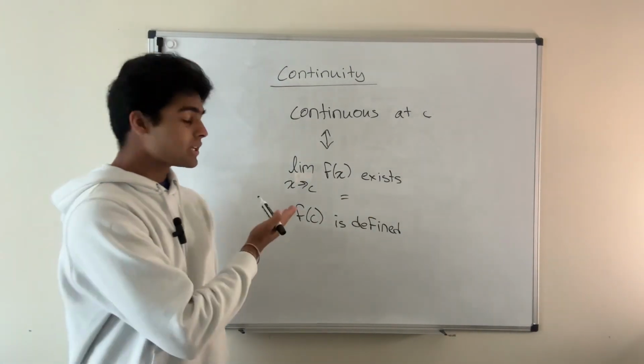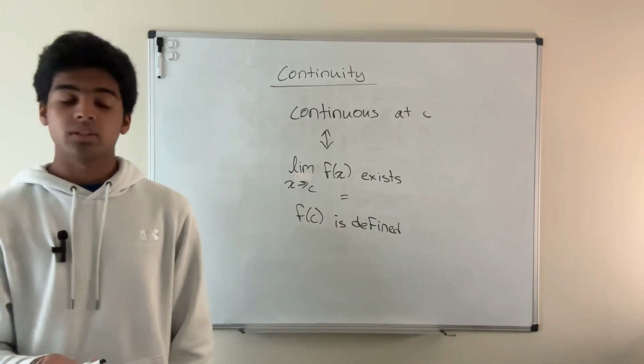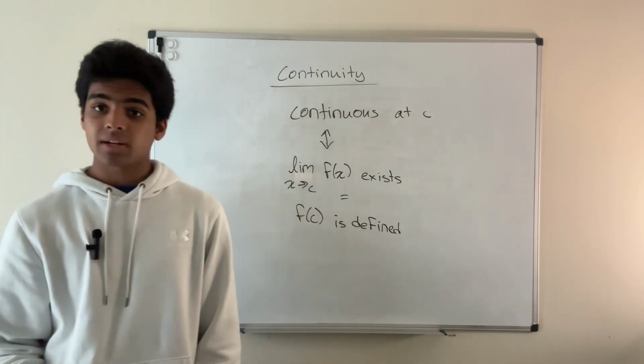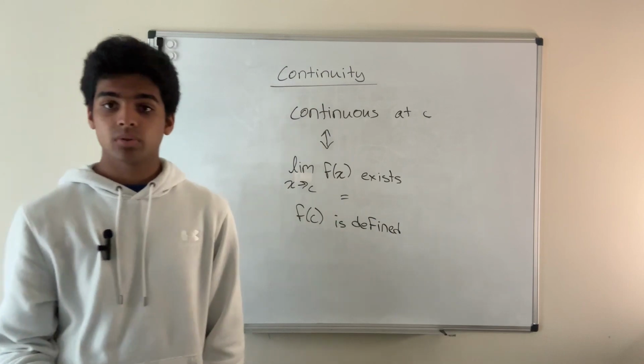So the limit as x approaches C of f of x has to exist, f of C has to be defined, and they have to be equal to each other.